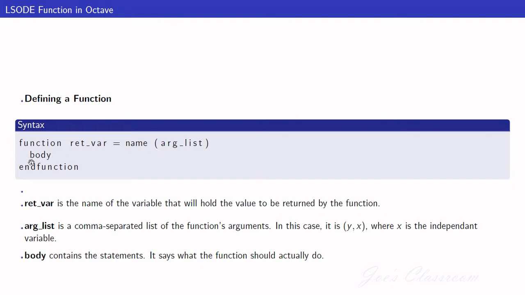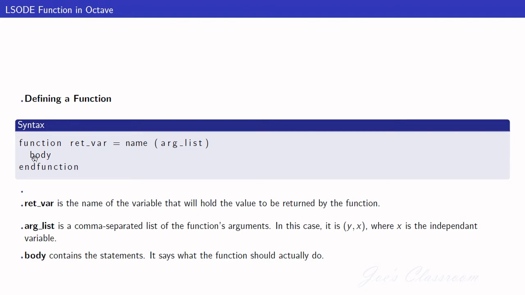For example, if the statements within the body of this function need two variables, say x and y, then this argument list will be x comma y or y comma x. That depends on the usage of other statements or other functions which are going to use this function.